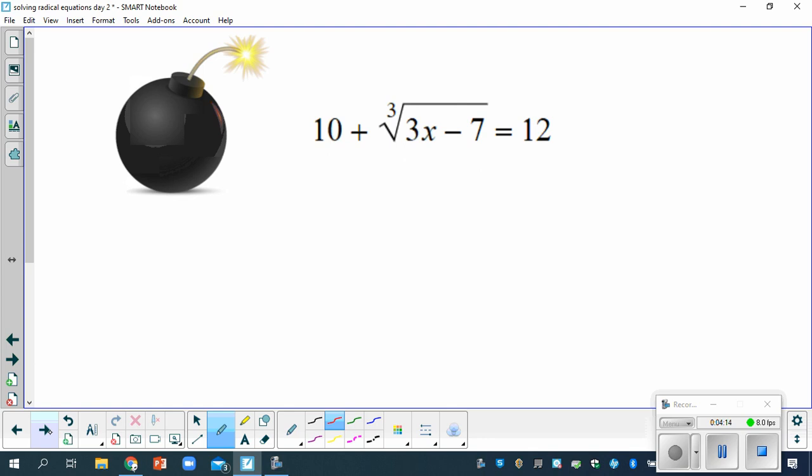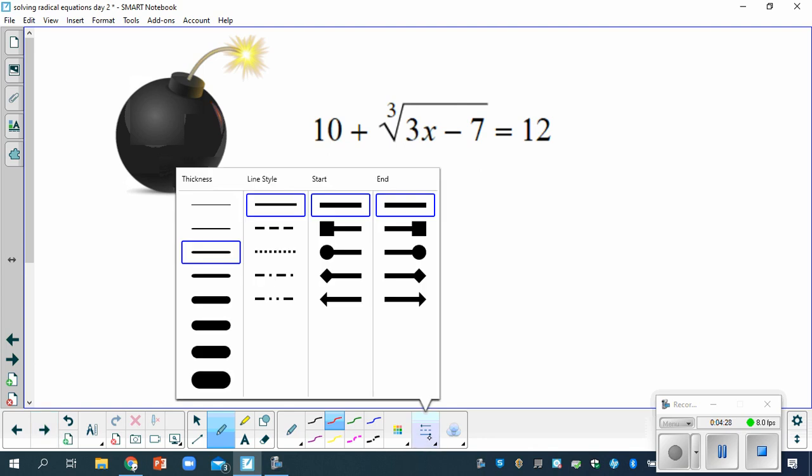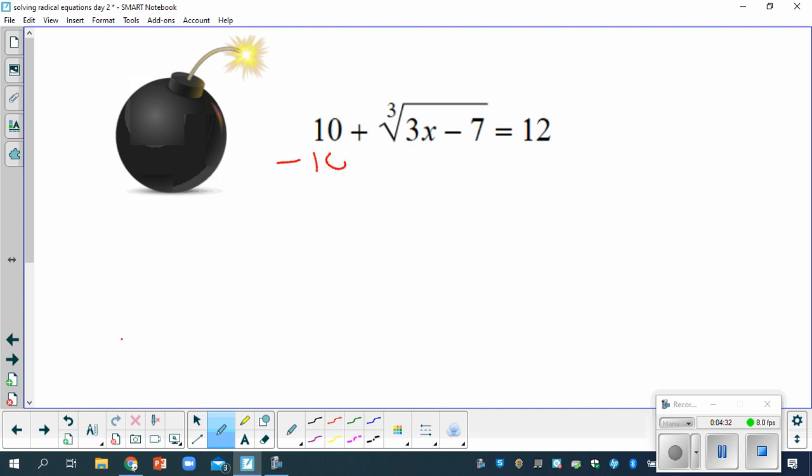All that we're changing now is we're not going to do the second power. We're going to do the third power. These are walls, right? So here's what we're going to do. Nice and easy. Nothing tricky here. We're going to go ahead and move the 10.